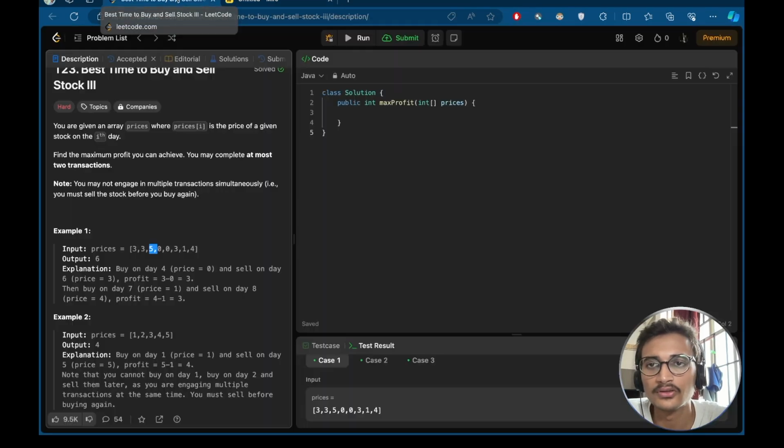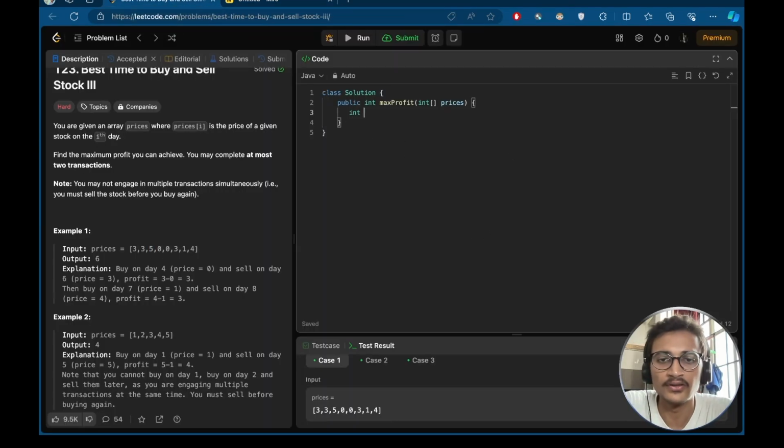So let's try to code this out. First we will assign the first buy as Integer.MAX_VALUE, because we want to find the minimum price, so we assign the maximum integer value. Now we will assign a first sell, which will be 0 for the first time, and let's assign the second buy as well.